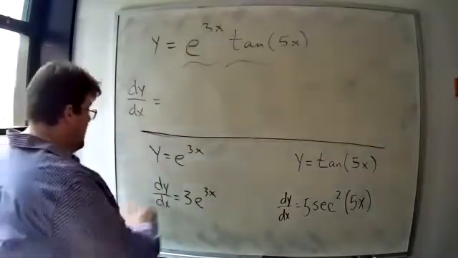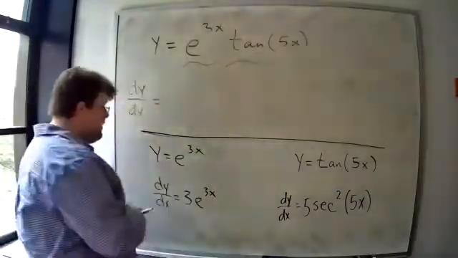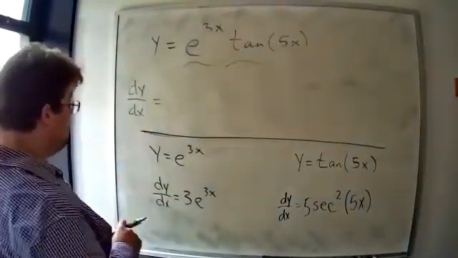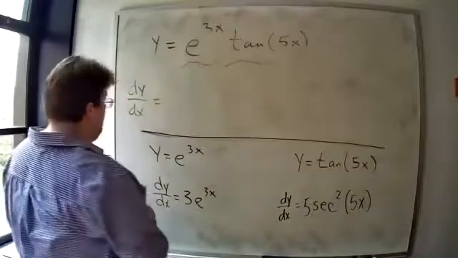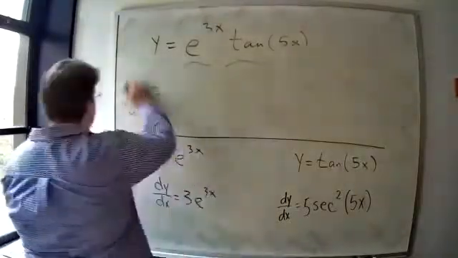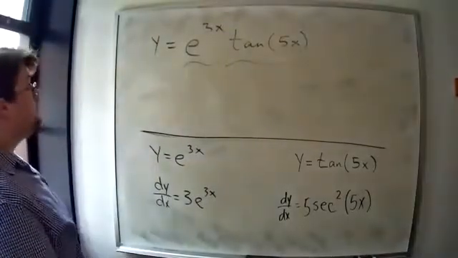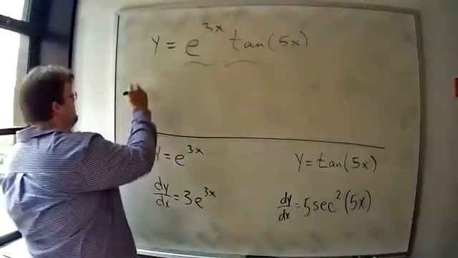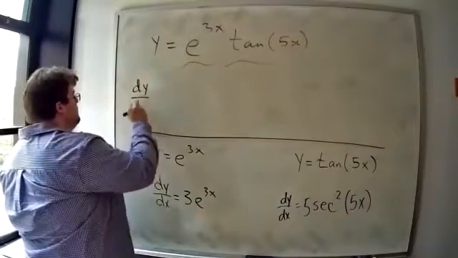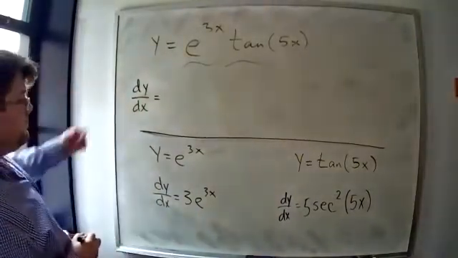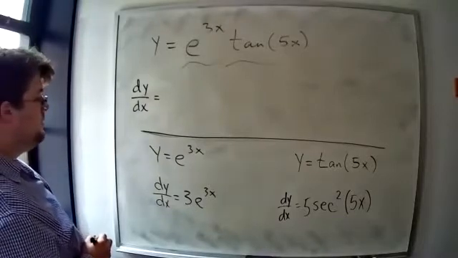The derivative for that is itself, and then times the derivative of 3x. Any other questions before we get to apply the product rule?